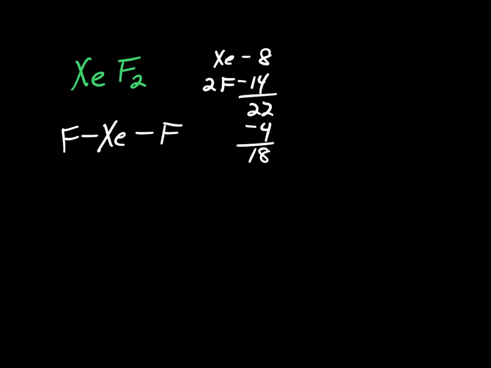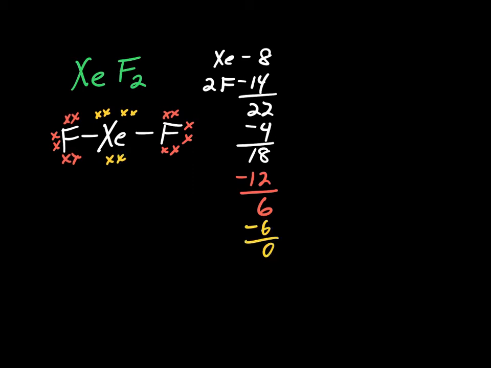We start distributing around the fluorines. Right? So there is 12 electrons distributed around the fluorines. That leaves us with 6. The only atom that can accommodate the extra electrons is the xenon. And so we would put those on there as 3 unshared pairs. Again, we still have 5 regions of electron density, right?